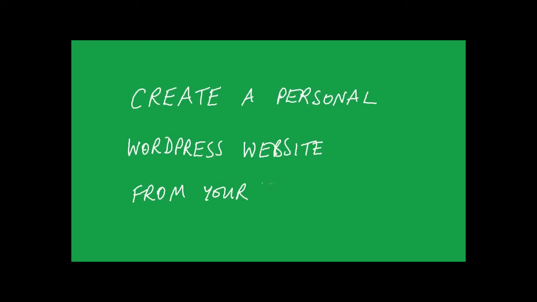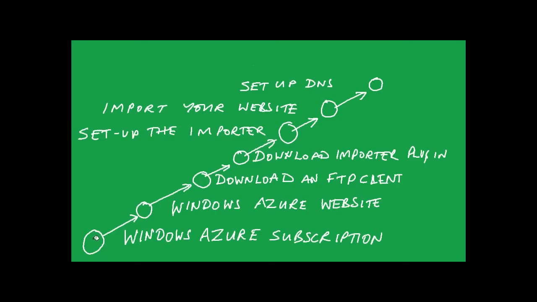Moving your Posterous blog. There are 7 steps to this process. 1. Create a free Windows Azure trial subscription. 2. Create a WordPress blog running on a Windows Azure website. 3. Download an FTP client. 4.